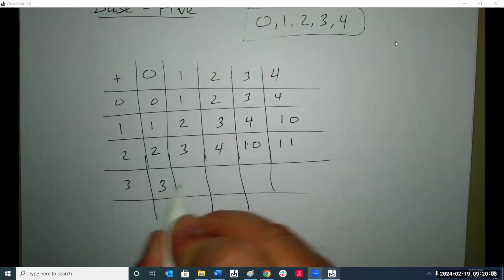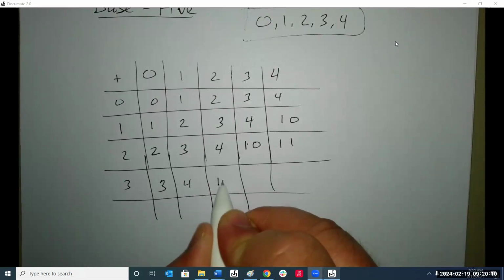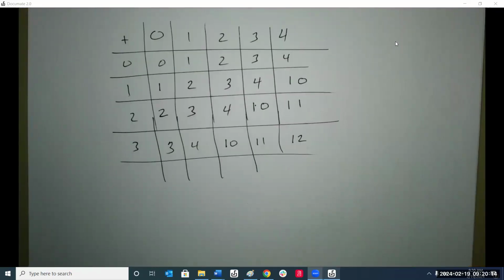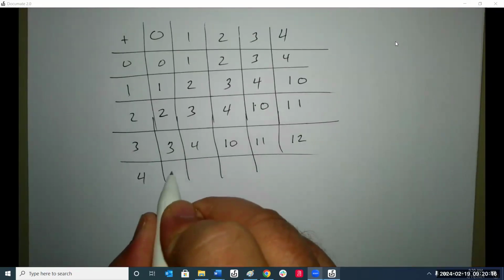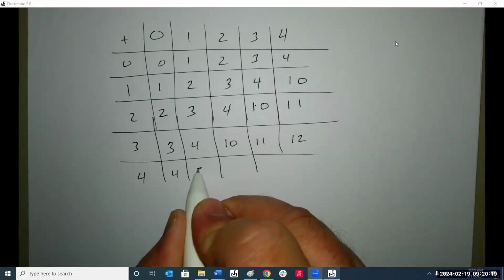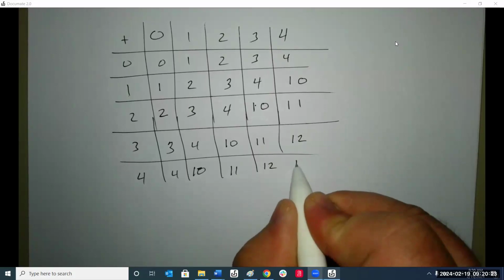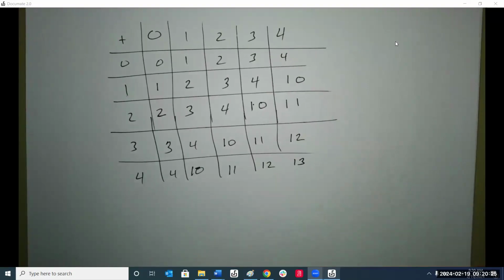And so on and so forth. So this is 3, 4, 1, 0, 1, 1, 1, 2. 4, 1, 0, 1, 1, 1, 2, 1, 3. So these are the numbers.